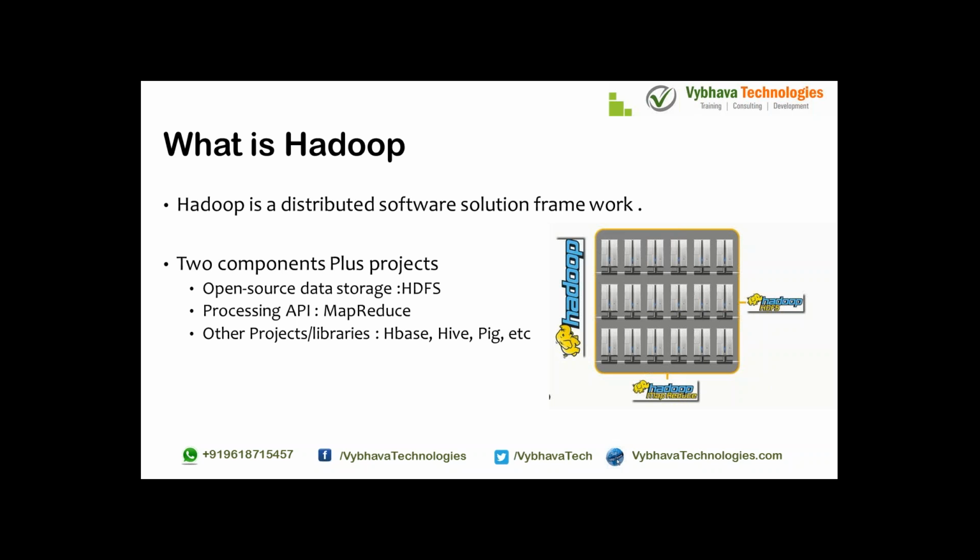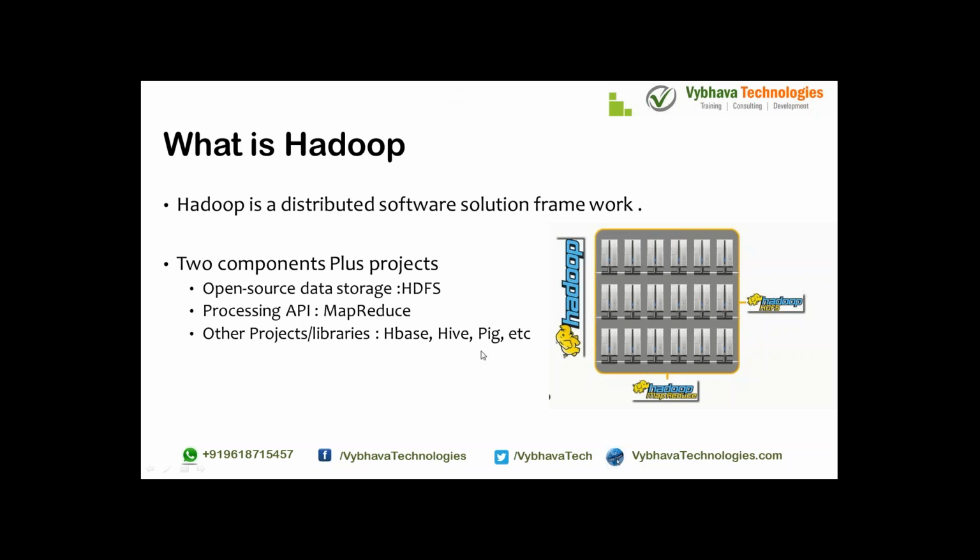We will discuss in the next slide what distributed storage is and how it works. And MapReduce, what is MapReduce? It is an API. Okay, just give a moment. Okay, and what does Hadoop contain extra? There are some libraries like HBase, Hive. We will discuss all these things when we enter the actual classes.